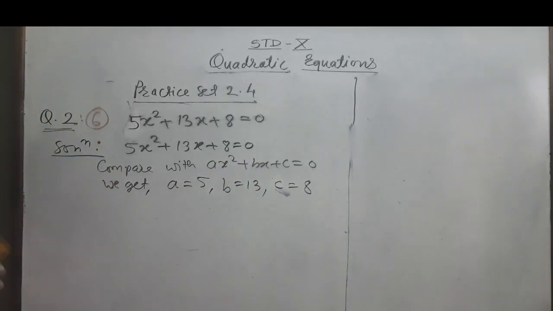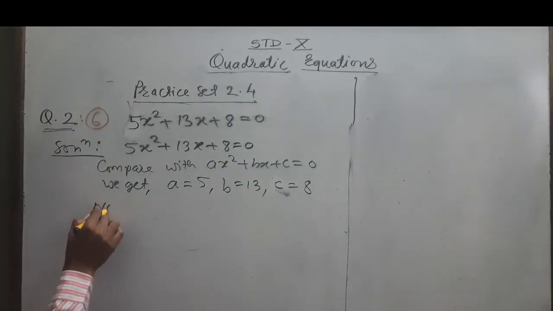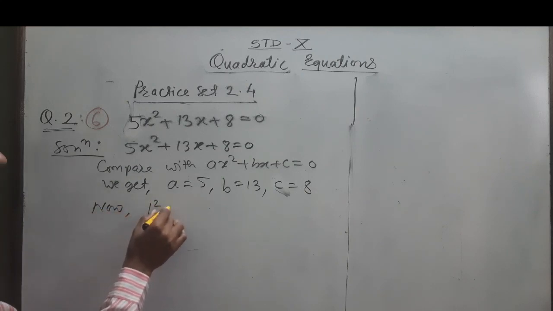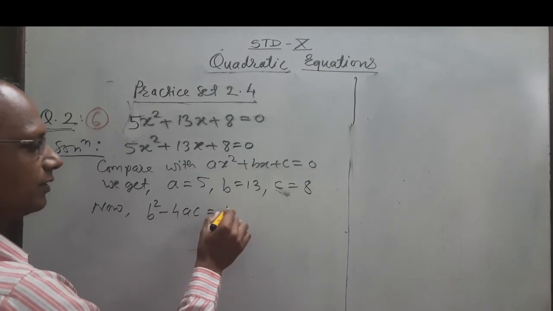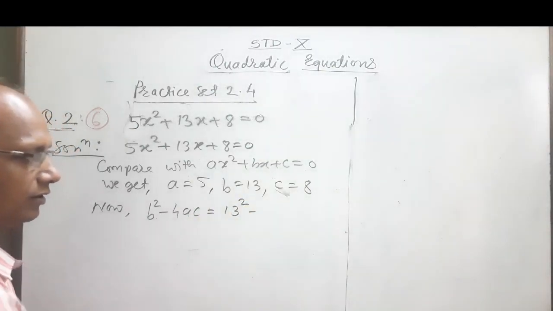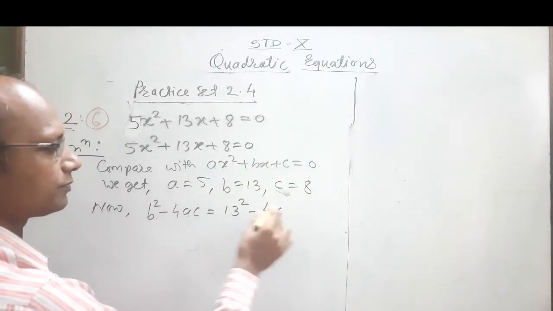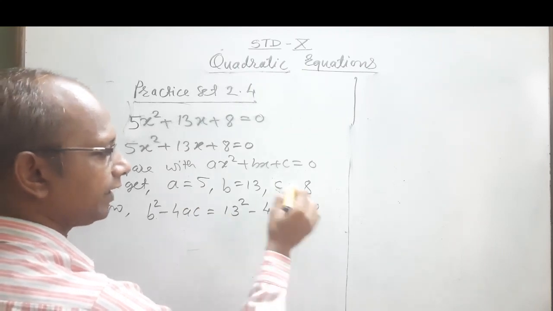Now what do we do? We first find the value of b square minus 4ac. What is b square? That is 13 square minus 4 into a, that is 5, into c, that is 8.